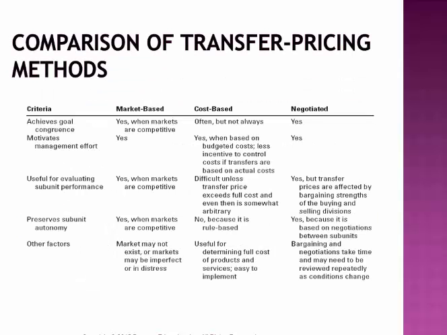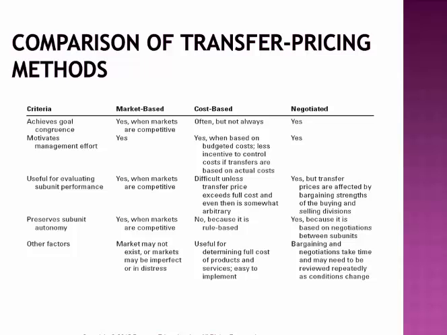Again, we could actually sit down and compare these three major transfer pricing methods that we have seen based on the 4 criteria for evaluating the transfer pricing methods shown. All right, so again, we've got the 4 criteria. Does it or does it not aid us in achieving goal congruence?